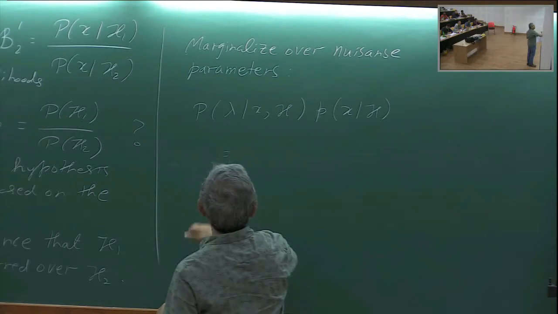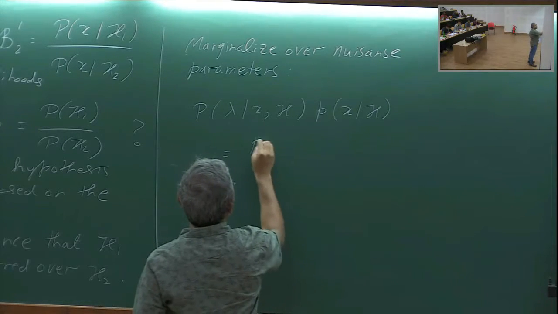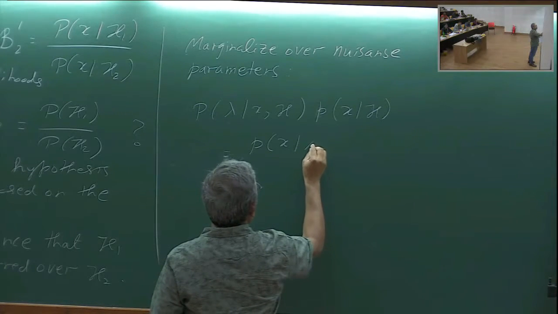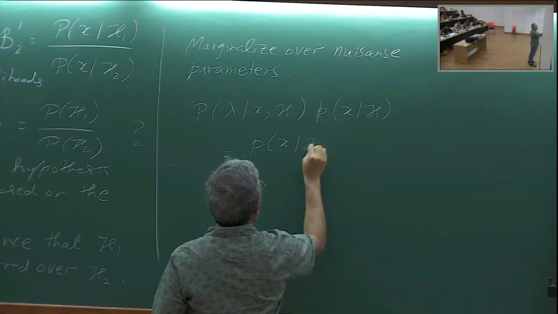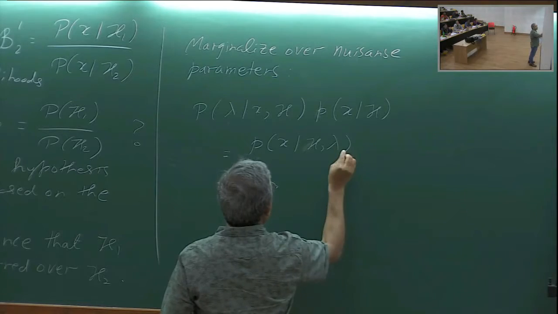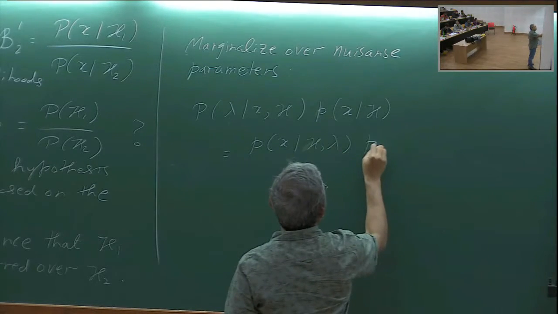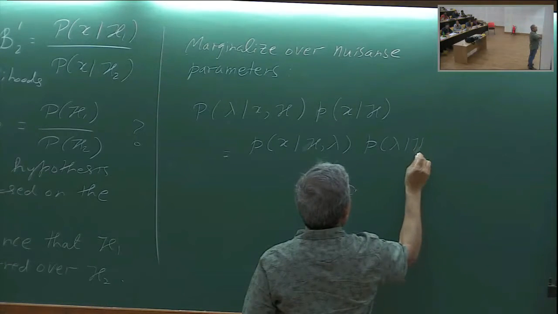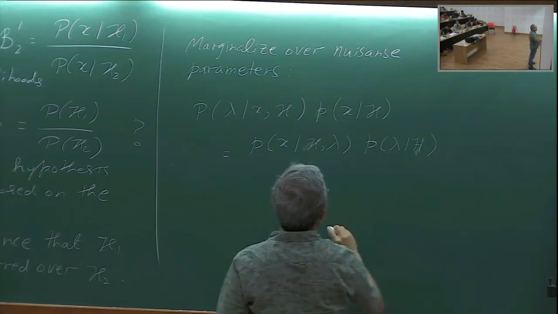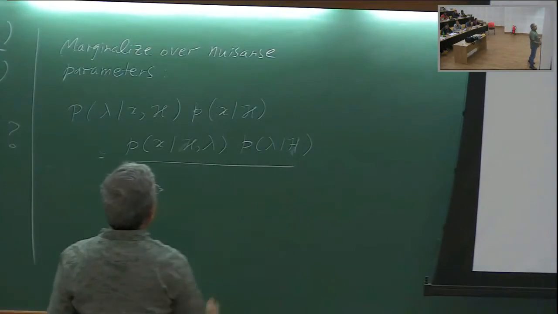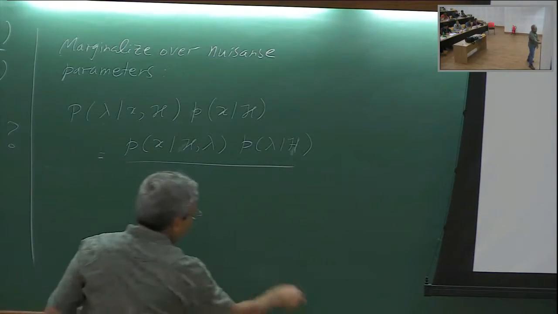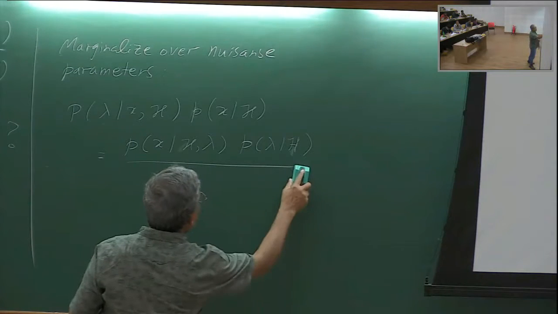By Bayes' theorem, this is equal to the probability of getting the data given a model and its associated parameters, multiplied by the probability that those associated parameters have a prior distribution. That's it. So I have moved the evidence to the left-hand side.